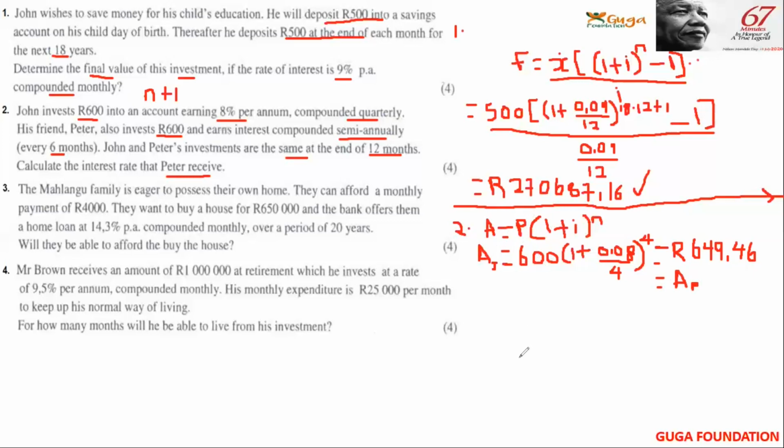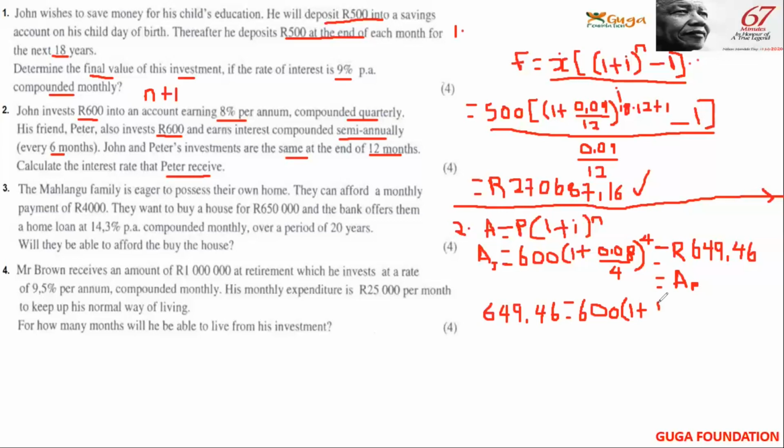Now using this very same formula, for Peter we know the amount will be 649.46, which is equal to 600, because they've invested the very same amount, into 1 plus, here we want the interest rate, it will be i.